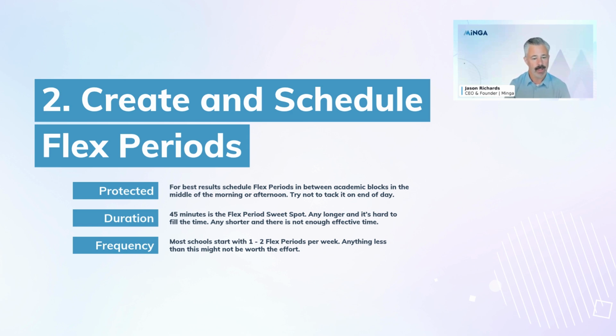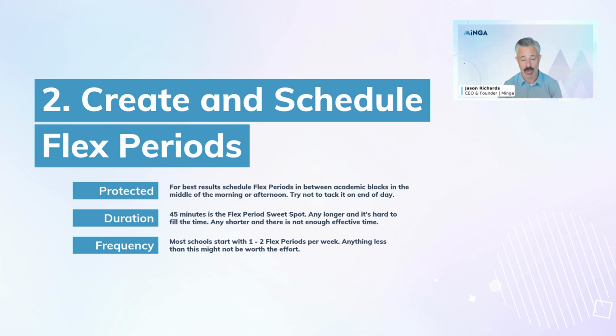The duration is also a good one, because a lot of people think, well, we're just dabbling into this. We don't want to make it too long because that's a lot of work for people to create these flexible activities. 45 minutes we see as the flex period sweet spot. If you go longer, your 60, 70-minute periods are hard for teachers to fill with dynamic activities every week.